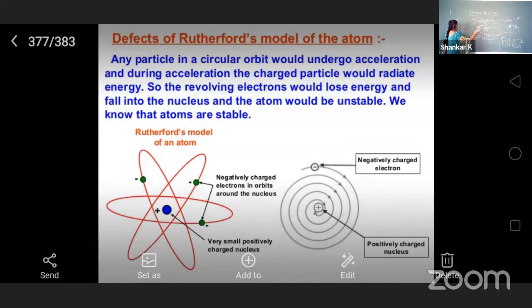If an atom has 3 electrons, like lithium, 2 electrons will be present in the first shell, and it may lose 1 electron. Losing or gaining electrons makes it positive or negative.